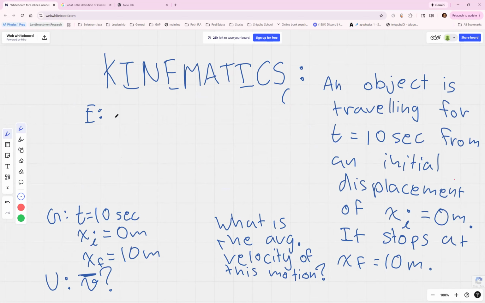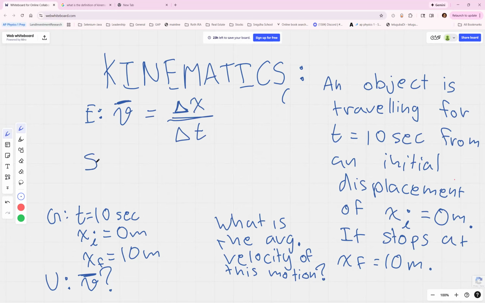So now you have to find an equation that you know of that can give you your unknown value using the values that you already know. In this situation, we just discussed the equation for average velocity. So that would be v average is equal to delta x by delta t, since we define displacement as x.